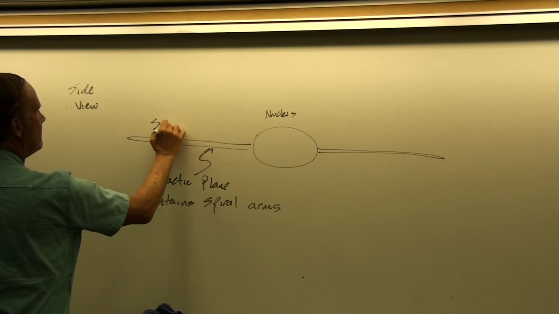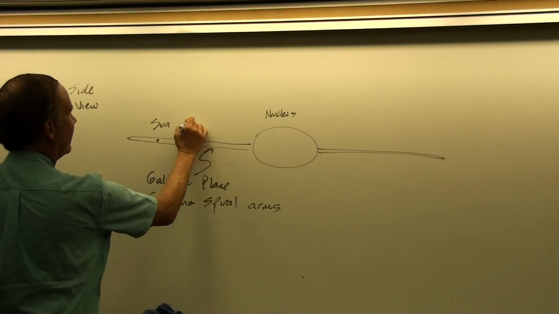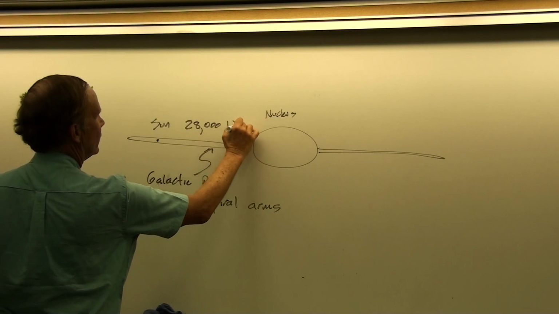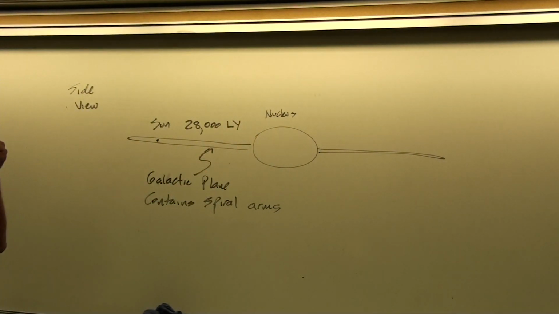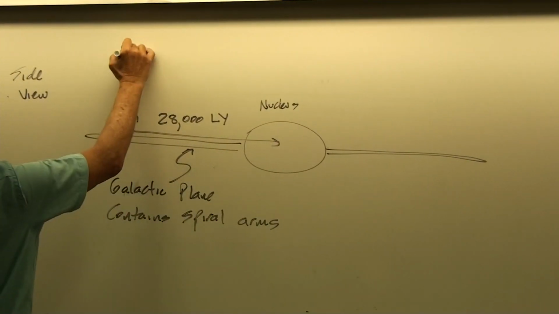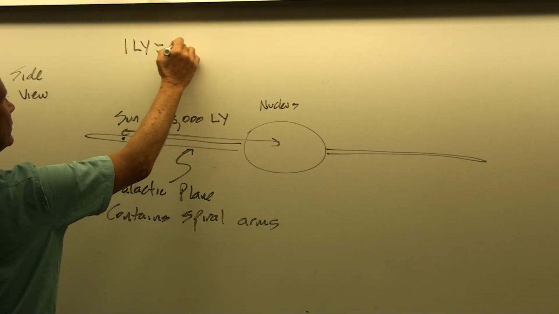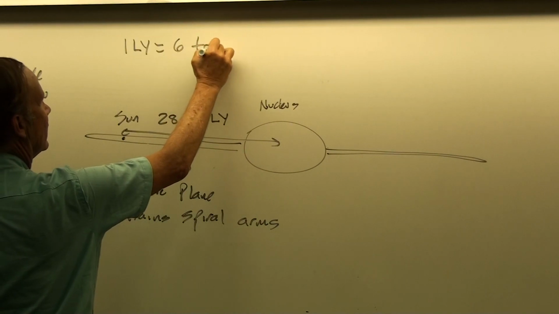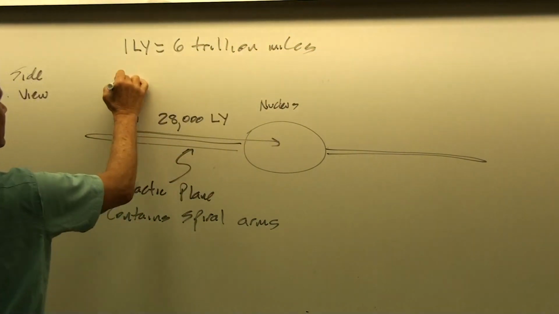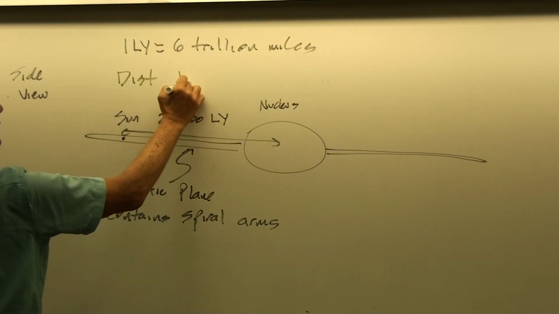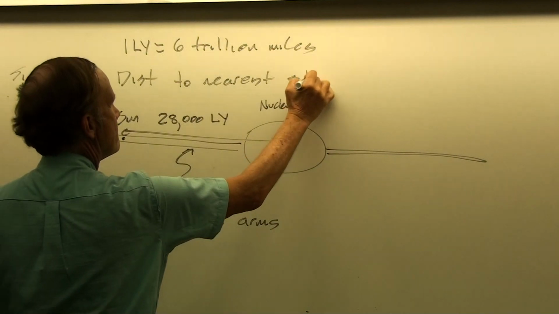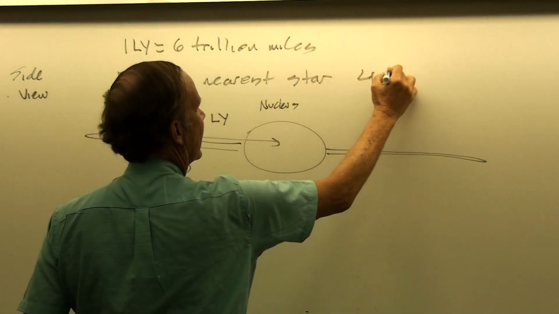Here's our sun and the solar system, and this distance is about 28,000 light years. And here we'll abbreviate light year by LY. Okay, so let me just remind you that 1 light year is about 6 trillion miles. So the distance to the nearest star is about 4 light years.